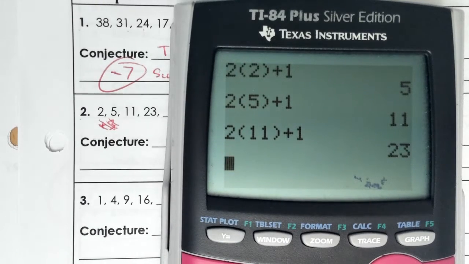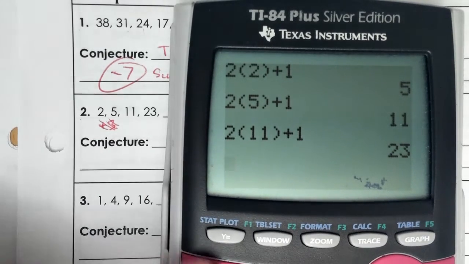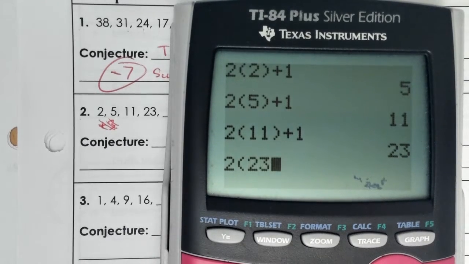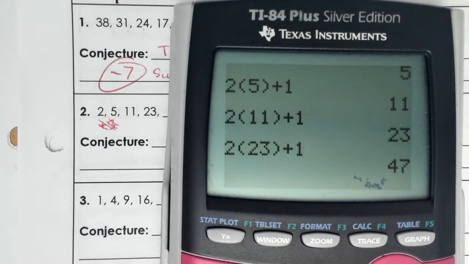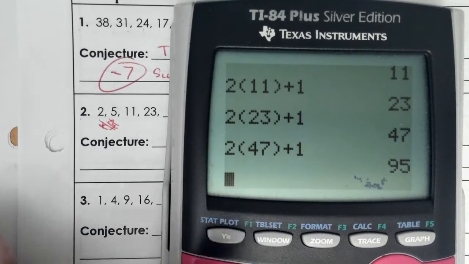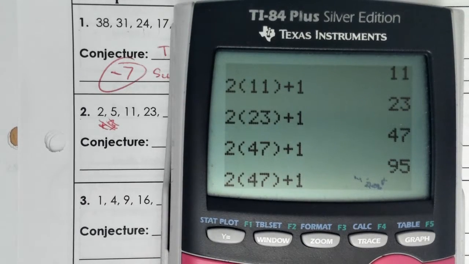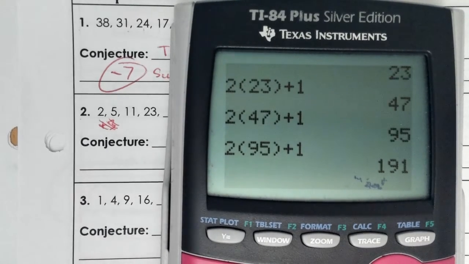So we just had to find a pattern that works. So if we keep up that pattern, 2 times 23 plus that 1, we would get 47. If we put in 47, we get 95. If we put in 95, we get 191. So I'm continuing this pattern, right?